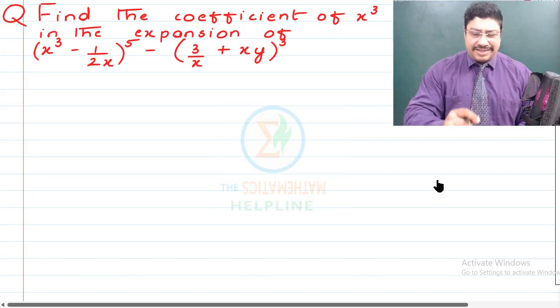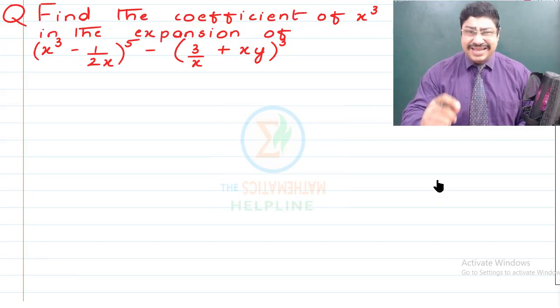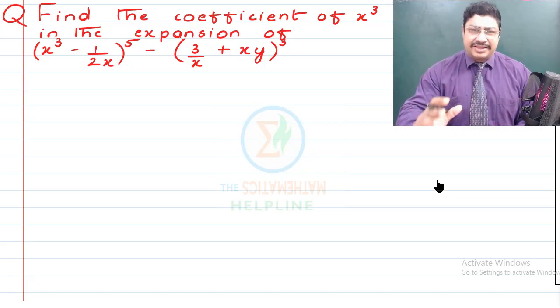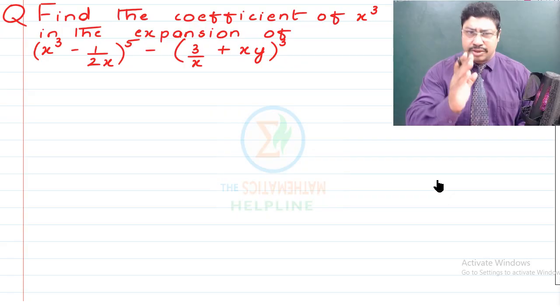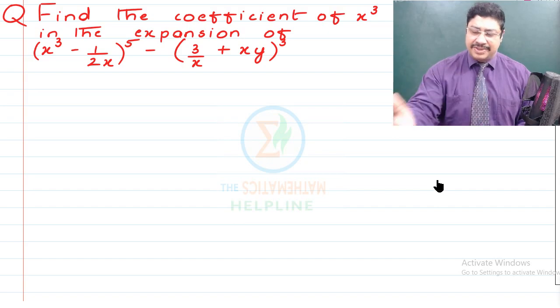So I'll give you just 10 seconds in which, if you're not able to even start and think, then fine. Then you can look up the solution. Otherwise, you can pause the lecture and give it a longer try. Complete the sum before I explain the sum. Okay? So your time starts now.